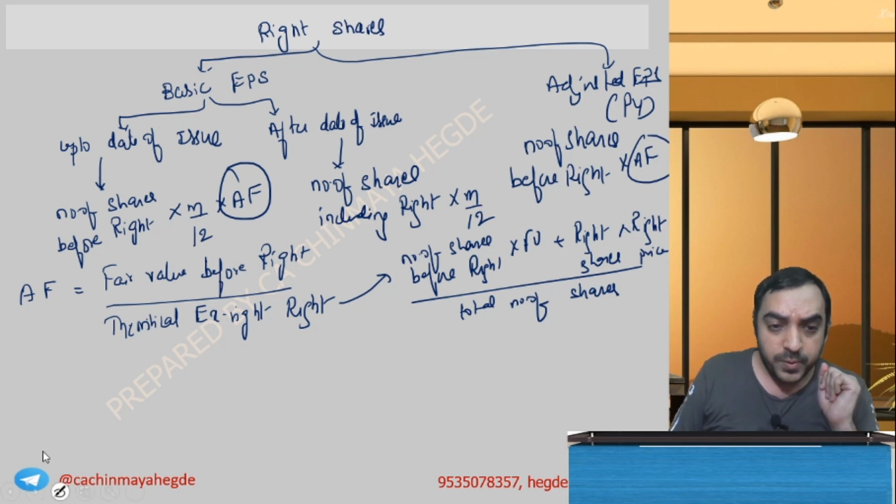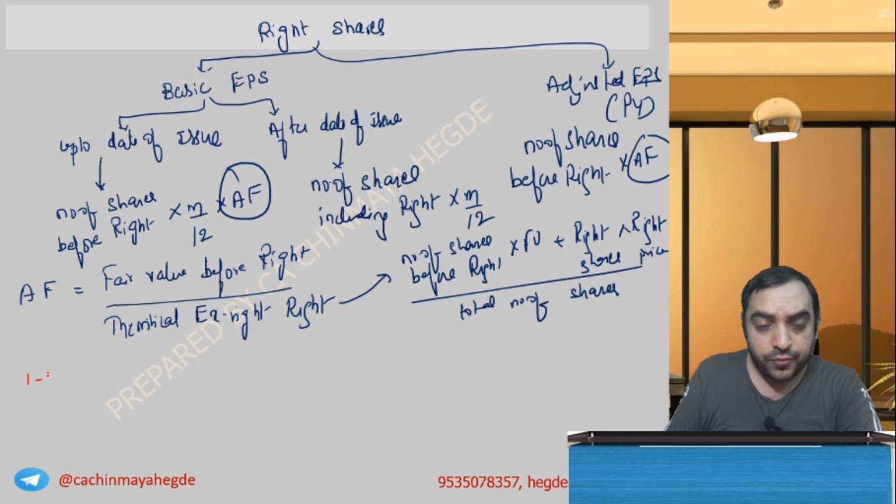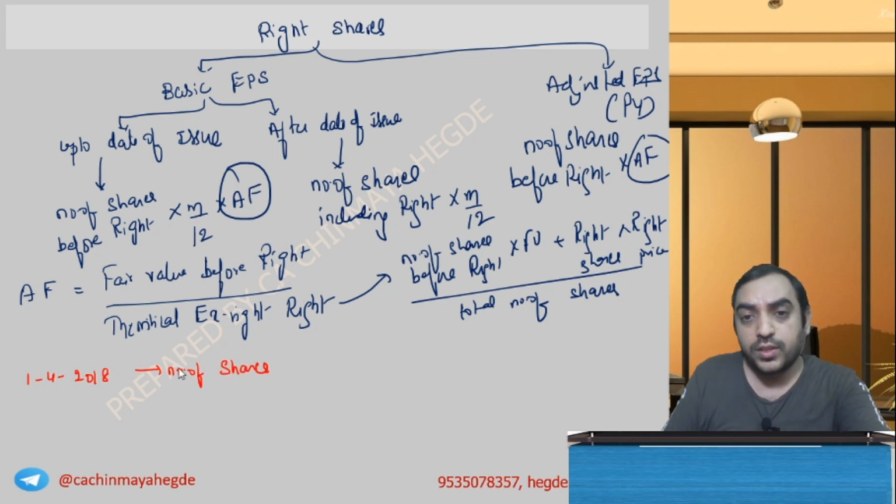Let me give you a numerical example. Let's say on 1/4/2018 number of shares were 5 lakh.